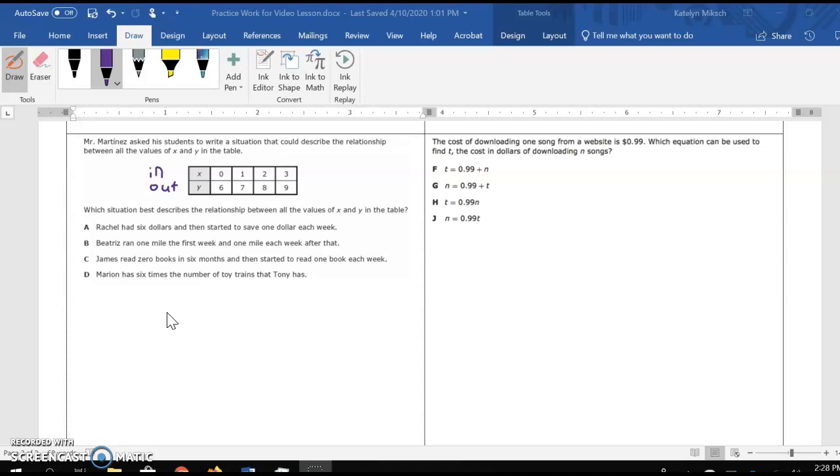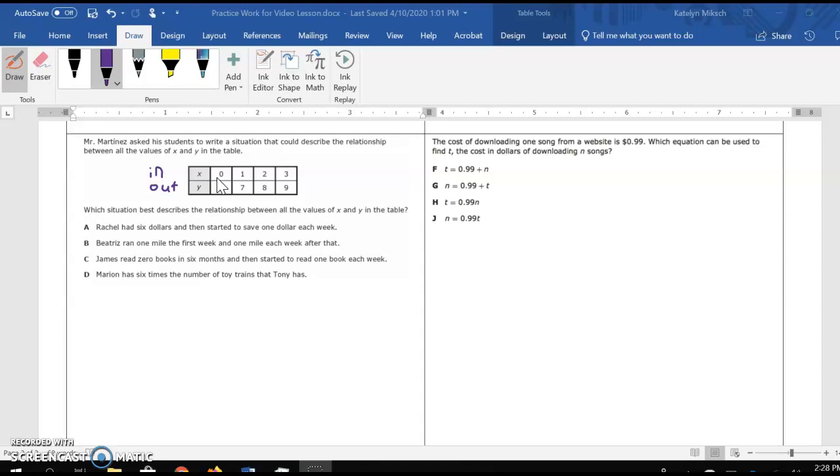So if we look at choice A, Rachel had $6 and then started to save $1 each week. So if we look at what this is, maybe X is the dollars, but if she starts with $6 and she's saving $1 more each week, that doesn't make sense. So maybe X is the week. When you're starting out, that would be at 0 weeks. No time has gone by.